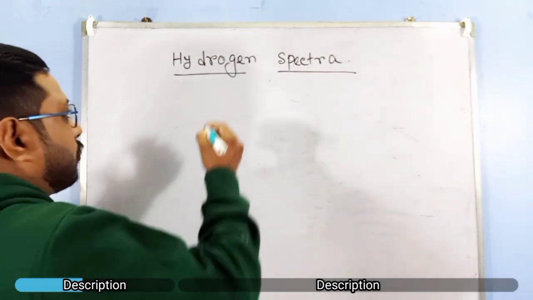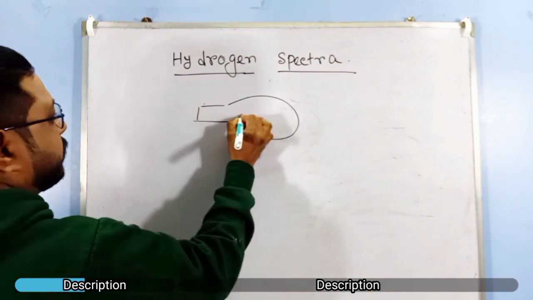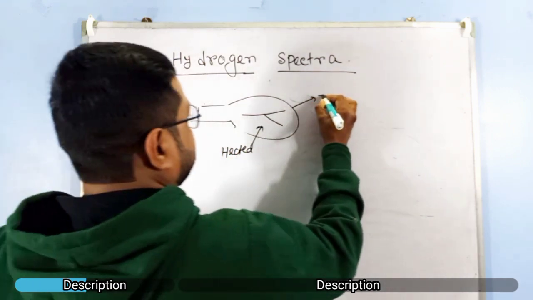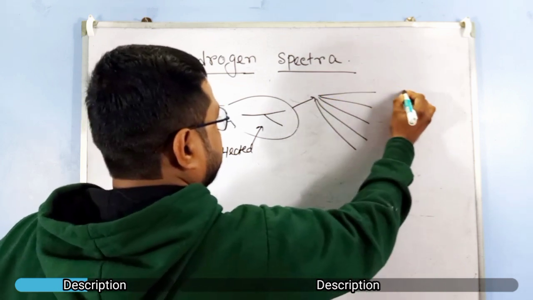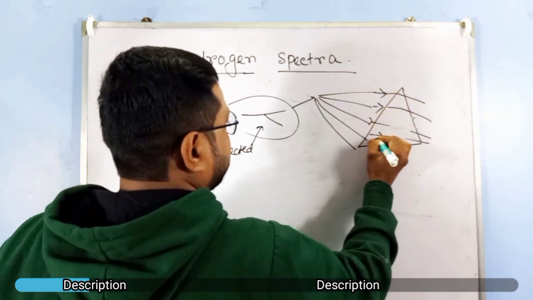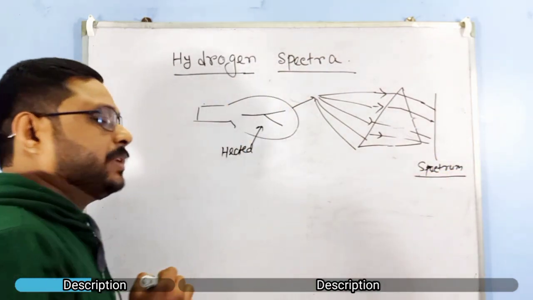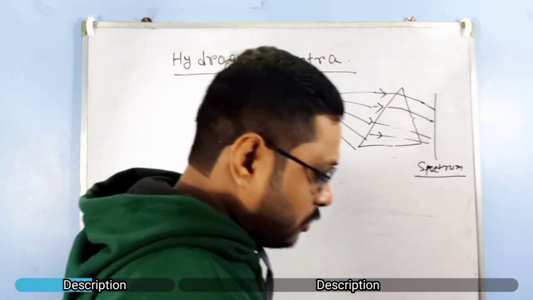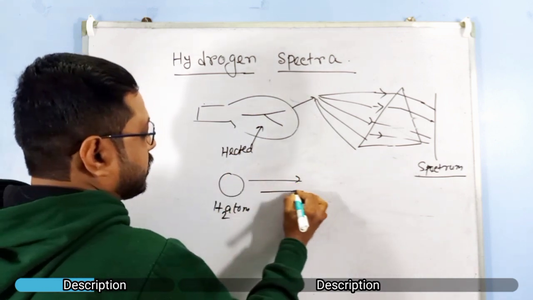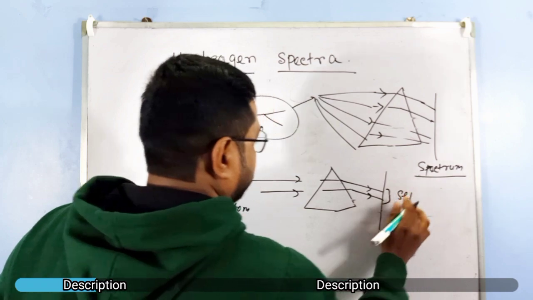Now, if the filament of a bulb is heated, it emits radiation, and if we pass the radiation through a prism, we get components of different wavelengths, and if they are focused on a screen, we can get a spectrum of different wavelengths. Hydrogen, H atom or H2, also emits radiation, and if we pass it through the prism, it also produces a spectrum.